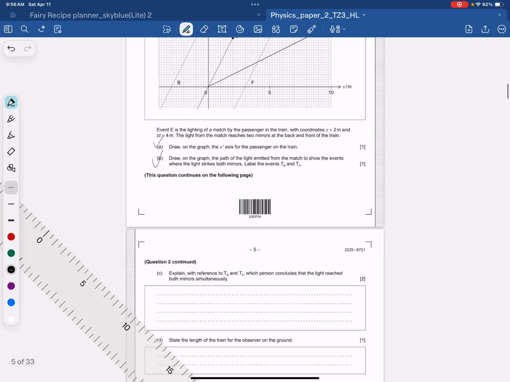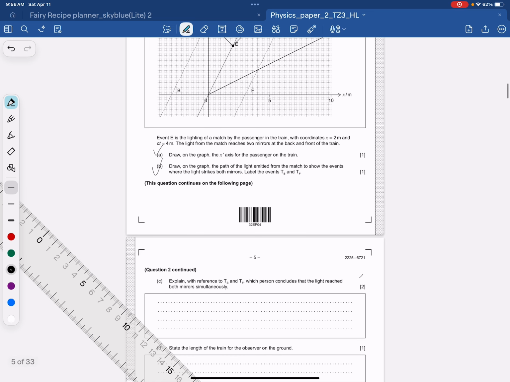Now it says, explain with reference to TB and TF which person concludes that the light reached both mirrors simultaneously. Because this is 2 marks, we know that the question wants us to use the space-time diagram to find this out. But if you just use your common sense, the person in the train is going to observe that light hits both mirrors simultaneously.